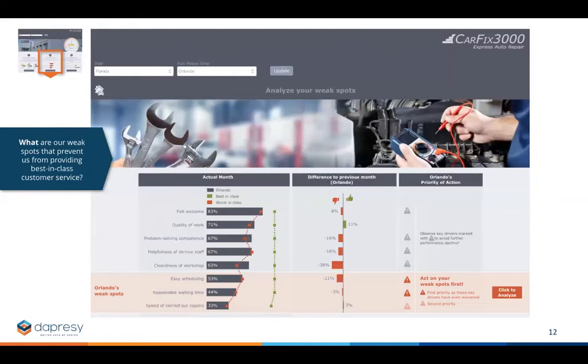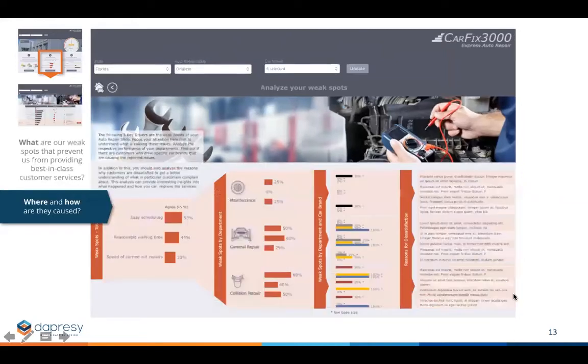And to get a better understanding of what happened and what drives the bad performance of those 3 weak spots, you can just click on Analyze Further, and you get a one-pager that helps you on the one hand to again see the 3 weak spots, and it's the percentage of people agree with this item.